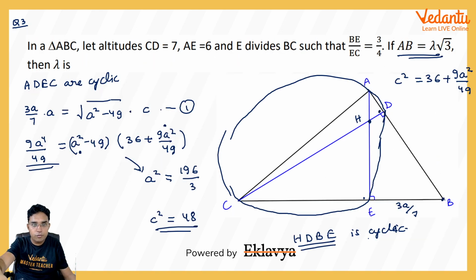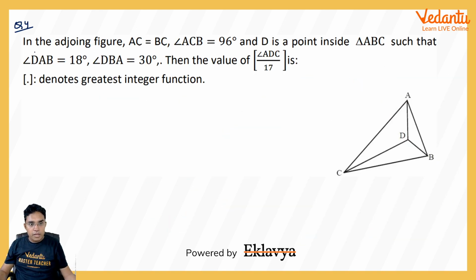That is question number 4. We are given that in the adjoining figure, AC length is equal to BC length, and angle ACB is 96 degrees, although it doesn't look so.